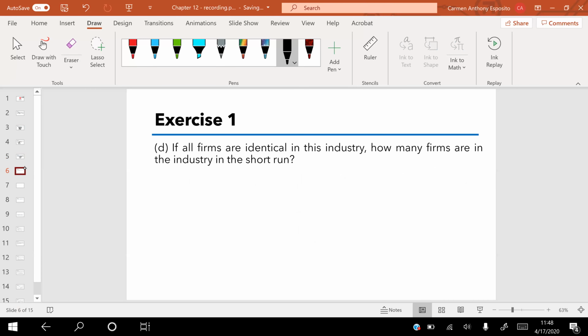If all firms are identical in this industry, how many firms are in the industry in the short run? Well, in the short run, the total quantity is 48. We found that little q is 24. So what number times little q gives us capital Q?